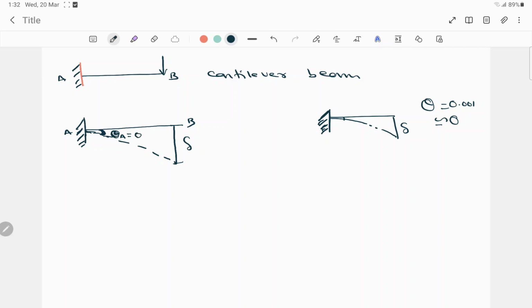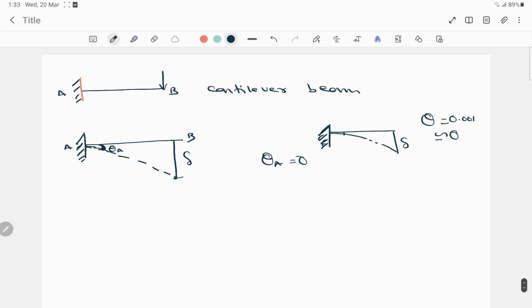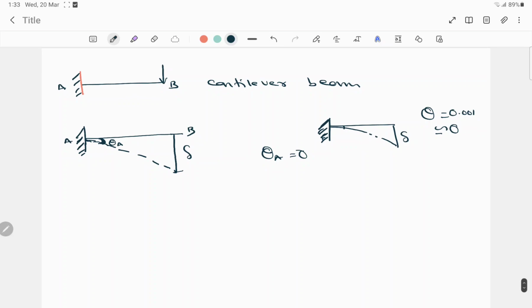Now see here, it's theta a, and theta a will be 0 here. Now what will be theta b? This end is not a fixed support, so there will be some theta b value, right? So how to find theta b?